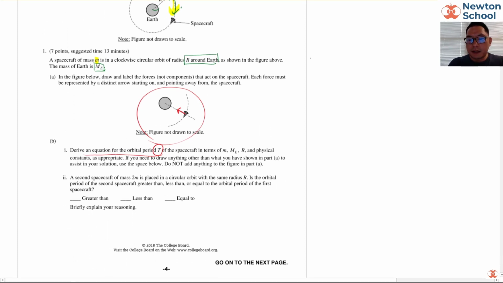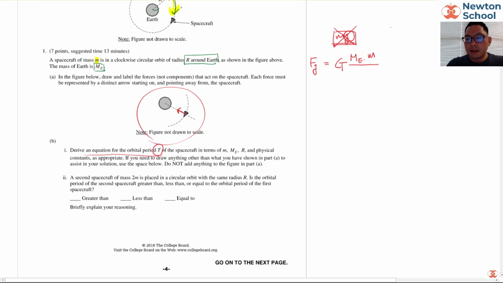It's a basic derivation. So the force of gravity. Here you can't use mg anymore because g only works on the surface of Earth, right? So you can't use this anymore. This is the short form. So you have to use the original form of gravitational force, which is G, mass of Earth and mass of the satellite, small m, over r squared.